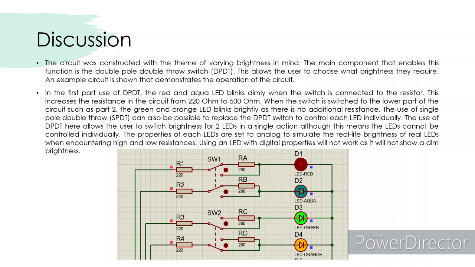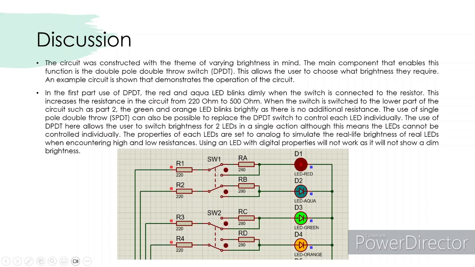Here is the discussion with the full description. As you can see, we produce a small switch using the double pole double throw switch, which allows us to control the brightness of the LED.